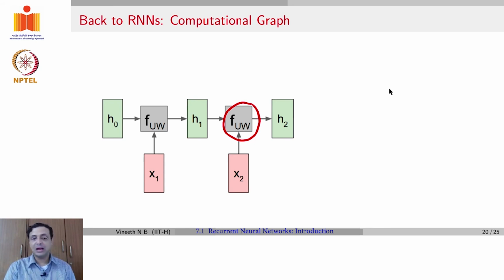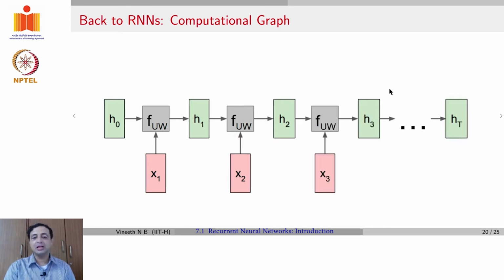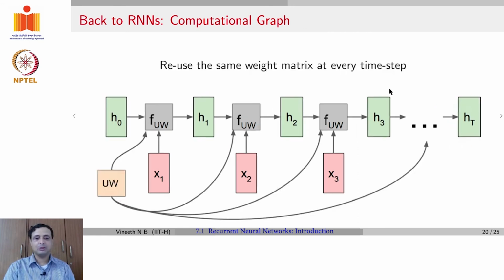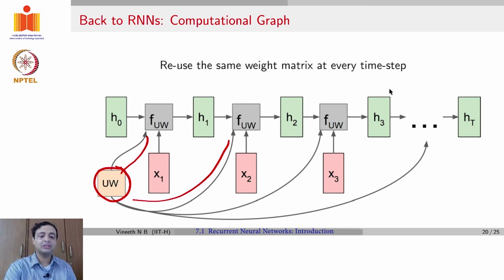Then f_W at the second time step gives you h2, and this is again recurrently given at the next time step, and so on until you get the final hidden state at the last time step of this sequence. So from a computational graph perspective, the inputs W, which are the weight matrices, are the same for every time step, and that's what is shown by these arrows that go into f_W at every time step.